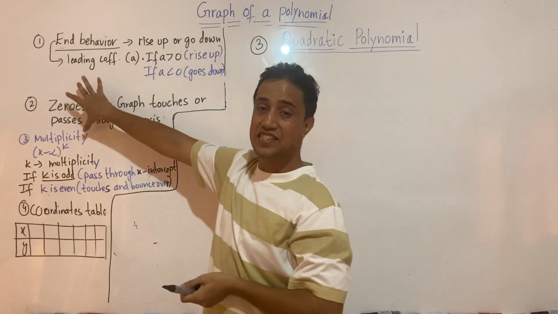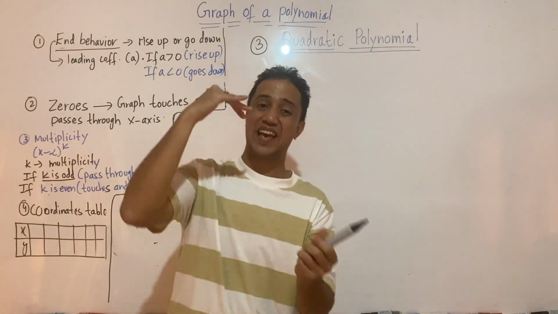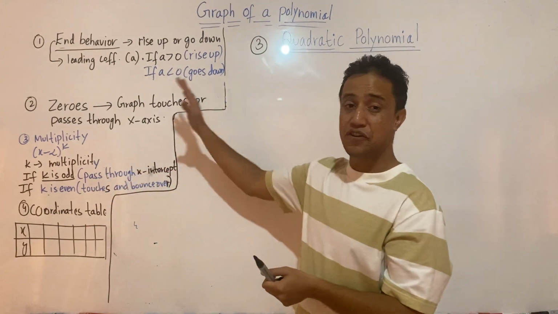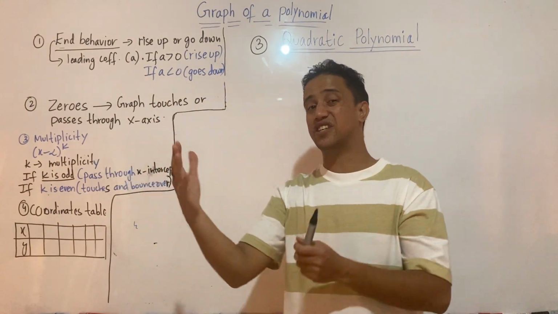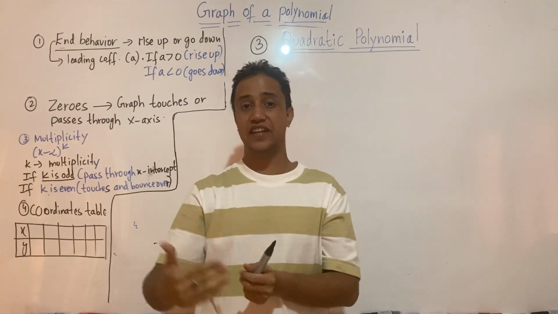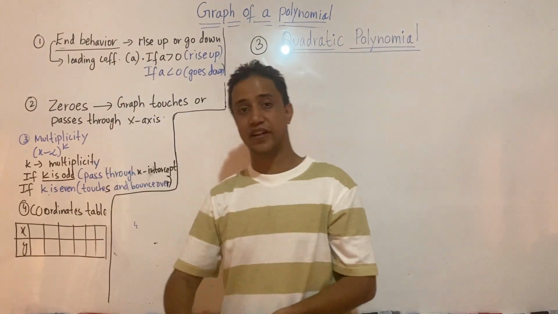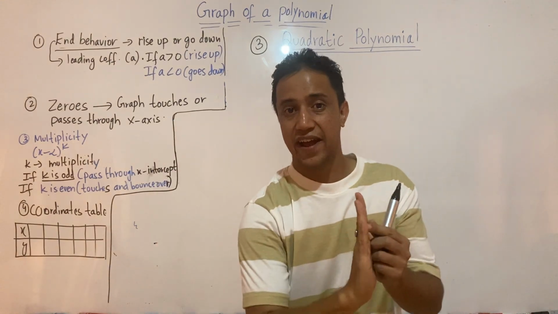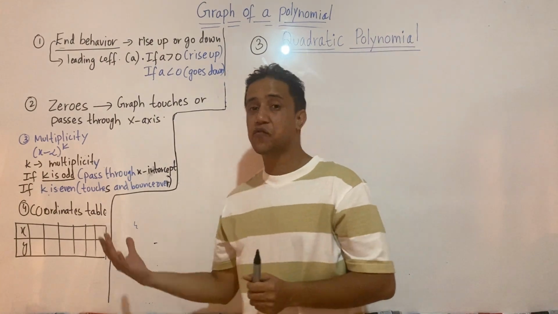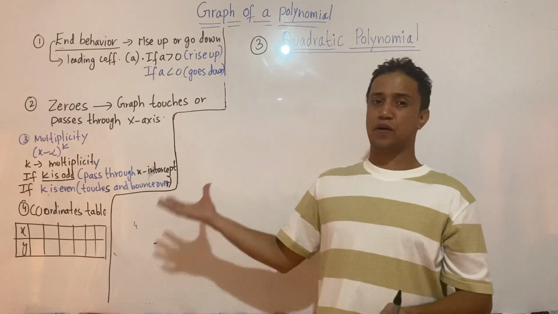Then we need zeros of the graph, where it makes x-intercept, right? We see the multiplicity. If it is odd, then the graph will pass through, and if the multiplicity of the zero is even, it will just touch the x-intercept and bounce over, okay? Then we make the coordinate table, okay? So we are going to follow the same process here.